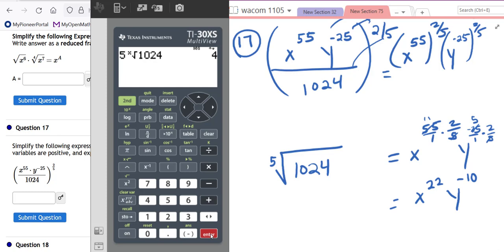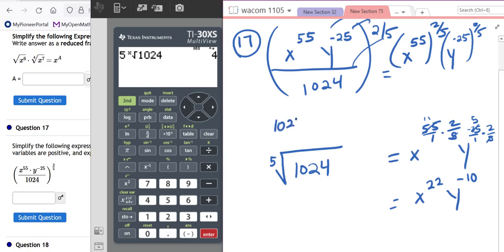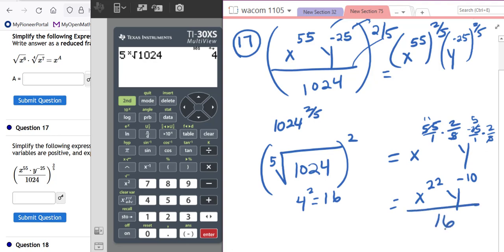This was to the 2/5. I did the 5th root, and we'll put the 2 outside. This is 4 squared is 16. Right, so that is my number piece.